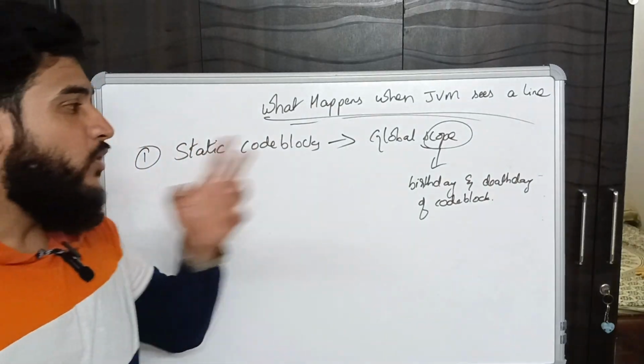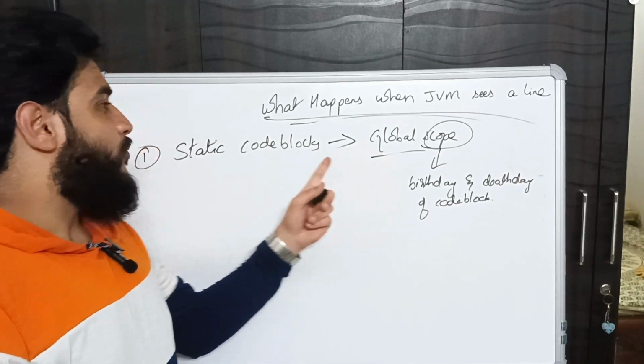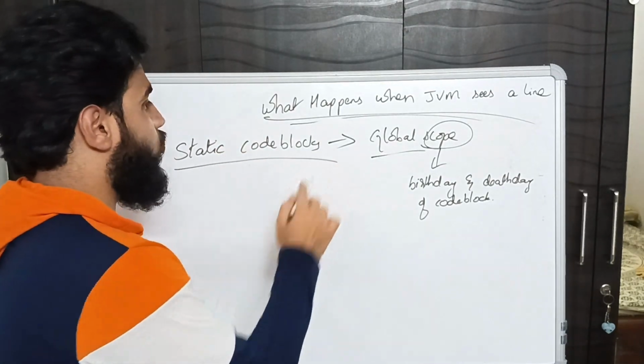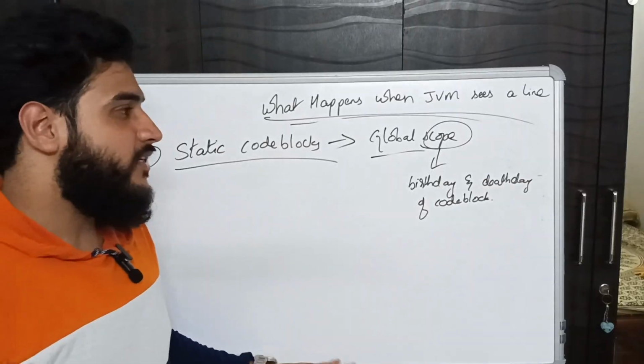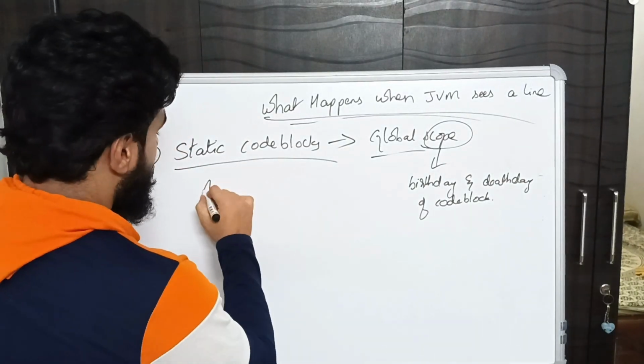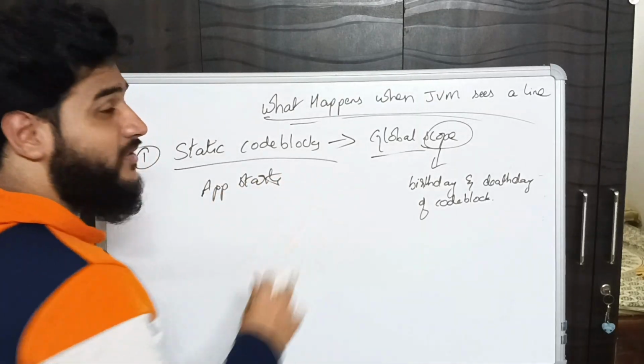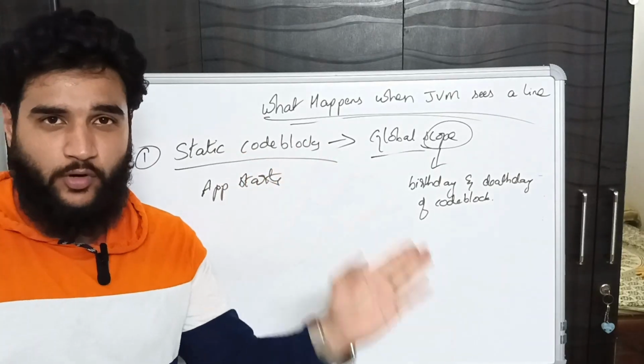Okay, now when I say global scope, this means this type of code blocks, which are static code blocks, will be created when the application starts, as soon as the application starts. This is the birthday of this particular static code block.